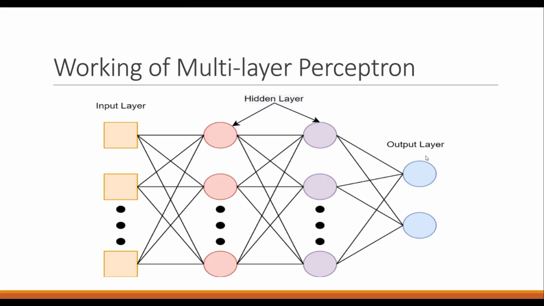We will discuss the working of the multi-layer perceptron. There are only 3 layers. The first one is the input layer, the second one is the hidden layer, and the last one is the output layer. The input layer defines that we will take inputs, and there is only one input layer and it accepts different formats.